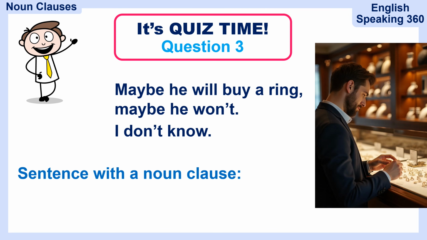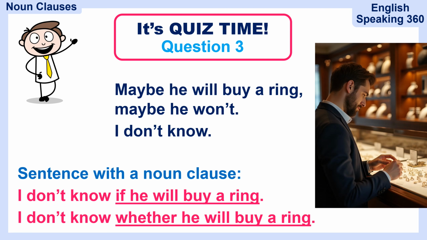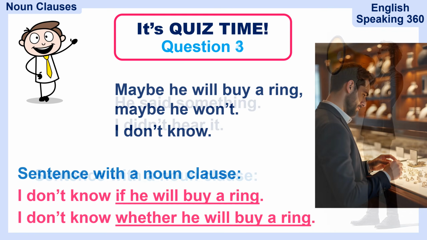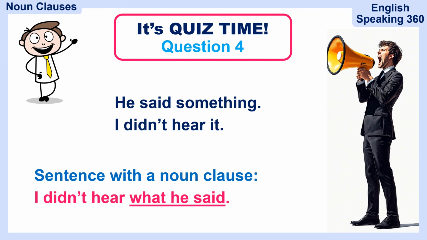Make a sentence with a noun clause. I don't know if he will buy a ring. You could also say, I don't know whether he will buy a ring. Question 4. He said something. I didn't hear it. What is the sentence with a noun clause? I didn't hear what he said.